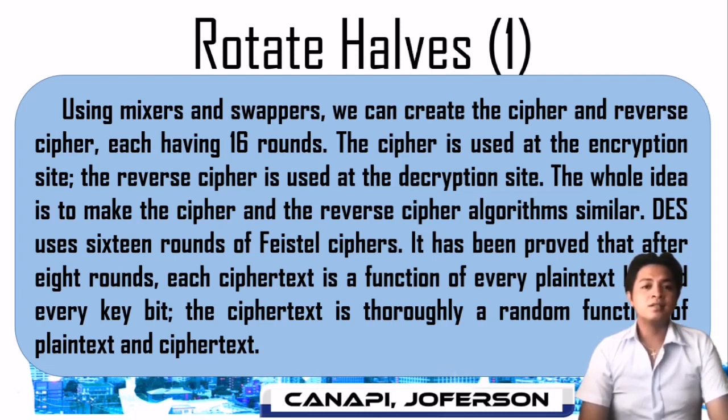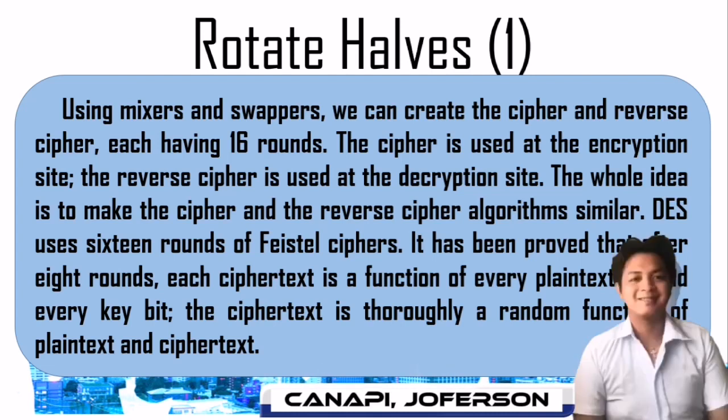DES uses 16 rounds of the Feistel cipher. It has been proved that after every 8 rounds, each ciphertext bit is a function of every plaintext bit and every key bit; the ciphertext is thoroughly a random function of plaintext and key.